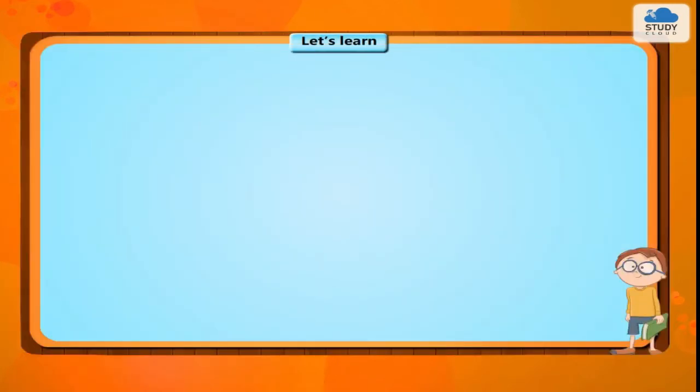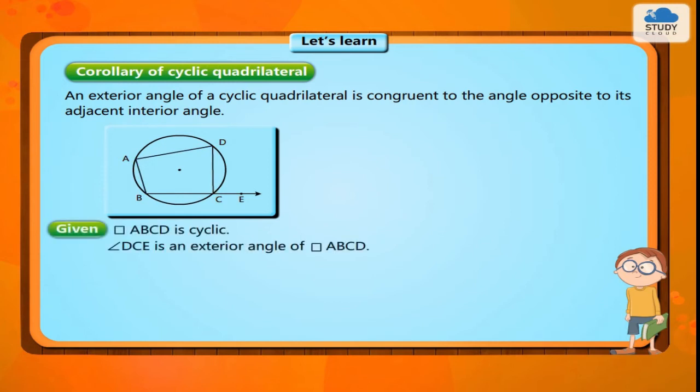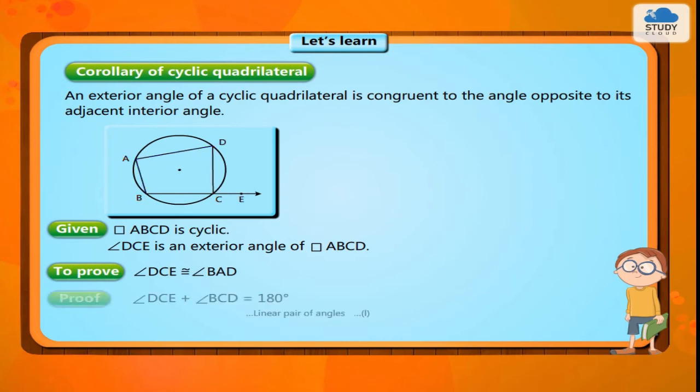Let's learn. Corollary of cyclic quadrilateral. An exterior angle of a cyclic quadrilateral is congruent to the angle opposite to its adjacent interior angle. Given quadrilateral ABCD is cyclic, angle DCE is an exterior angle of quadrilateral ABCD. To prove angle DCE is congruent to angle BAD. Proof.